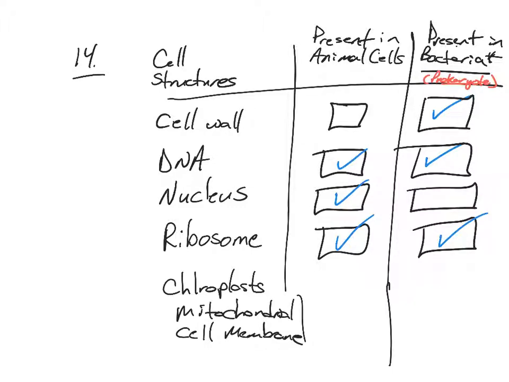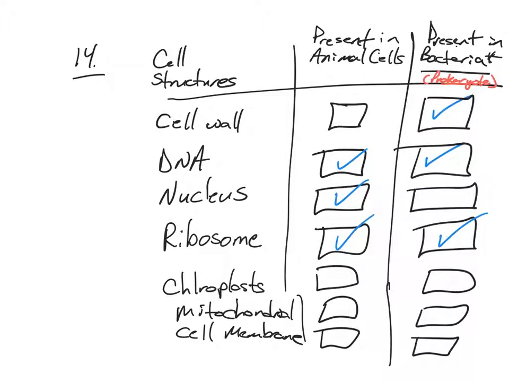Then they could give you these different check boxes and ask which ones would have it and which don't. So you really just need to know what cell structures are where and what they do. If you know that, you're going to get some questions right on this exam. If you don't, you can see it's pretty easy as long as you know your cell structures.